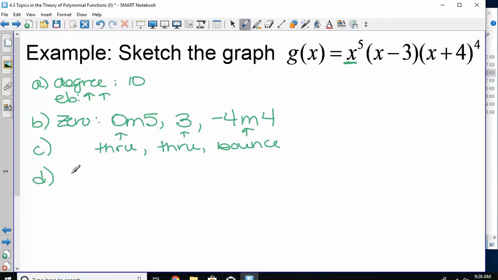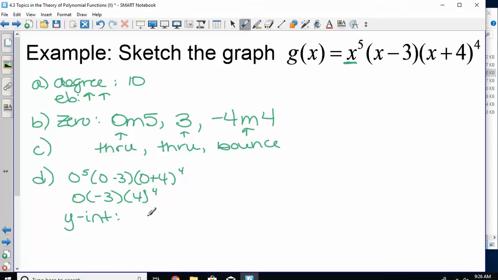Y-intercept. If I put in 0 for all of my x's, I get 0 times negative 3 times 4 to the 4th, which is 0.